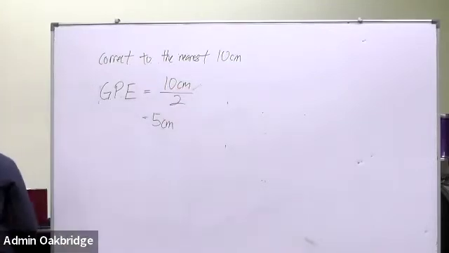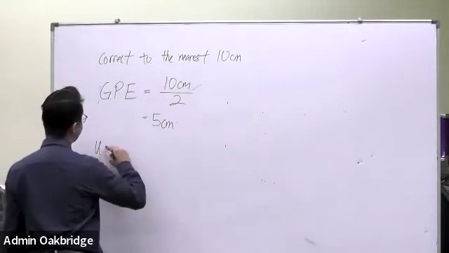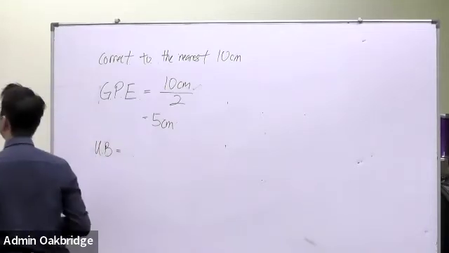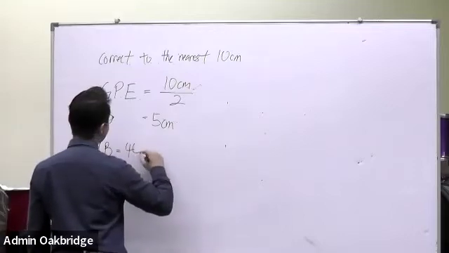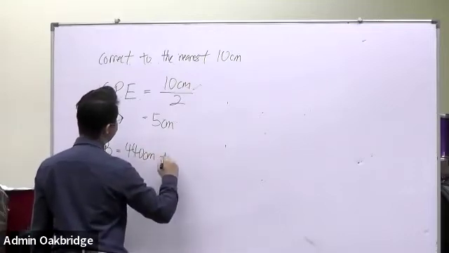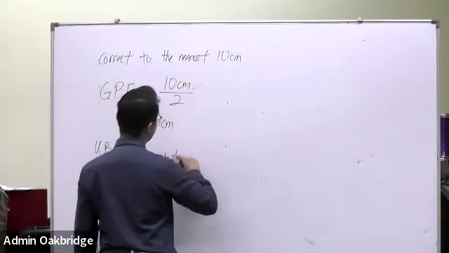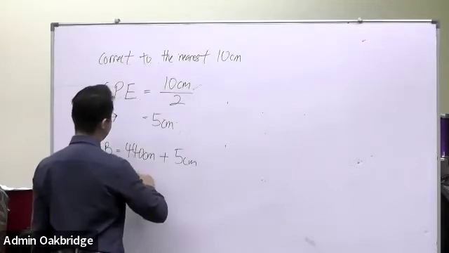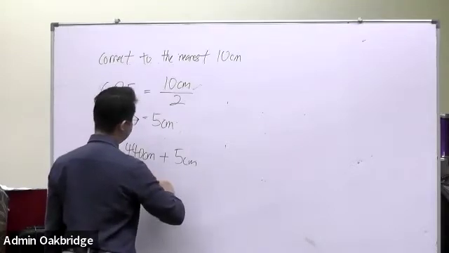All right, now to get the upper bound, you just take the measurement. What's the measurement here? 440 cm. You add the GPE 5. What you get is 445 cm, right? Upper bound.